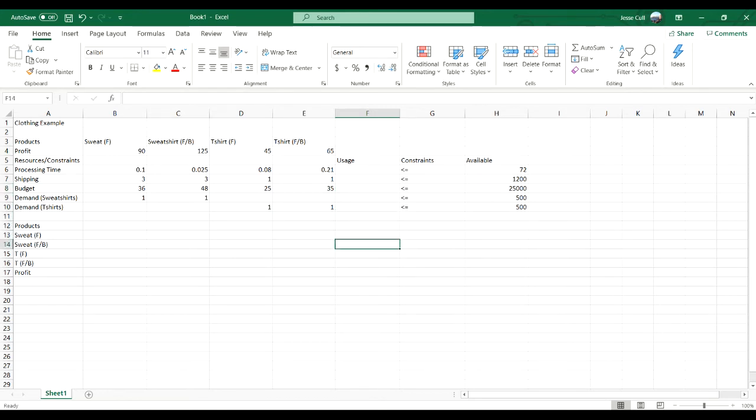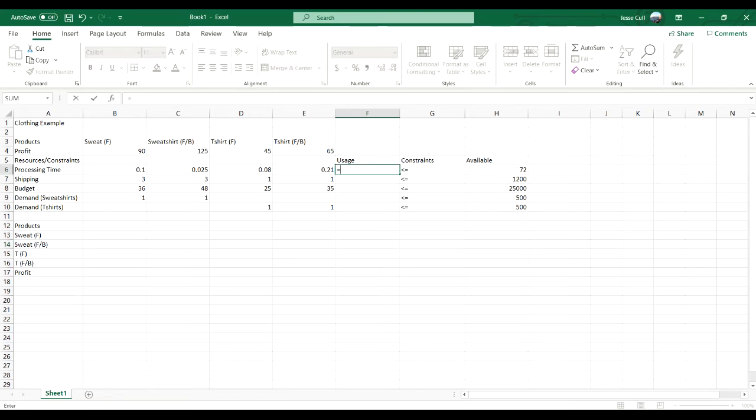There is only one step remaining on the actual spreadsheet. We have to enter the critical formulas that will allow the solver to compute the relevant data. So we begin here.